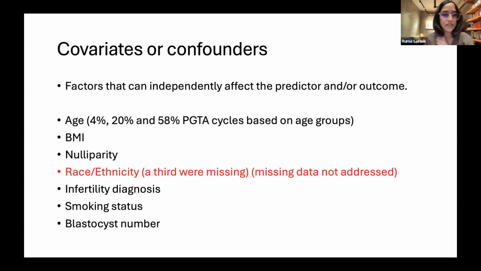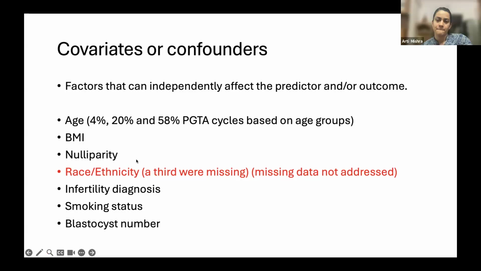And they use race and ethnicity as one of their covariates, which is also fine because many studies use this, and it has been found that blacks versus whites, there will be a difference. Asians versus whites, there will be a difference, not in favor of Asians and not in favor of blacks. However, they also mentioned that a third of this data was missing, and the missing data has not been addressed in their text.